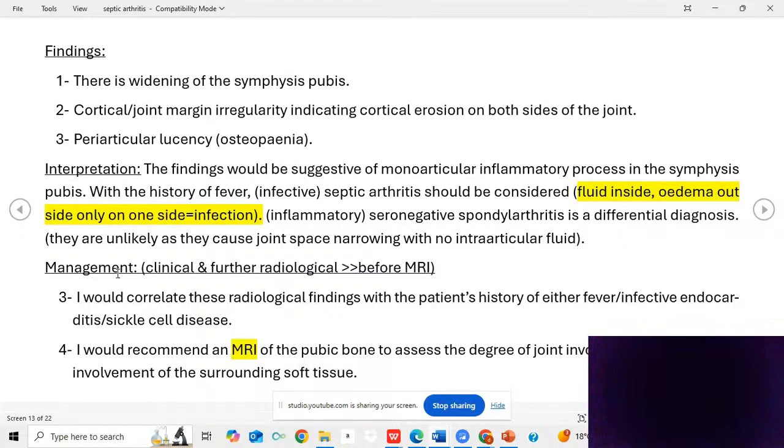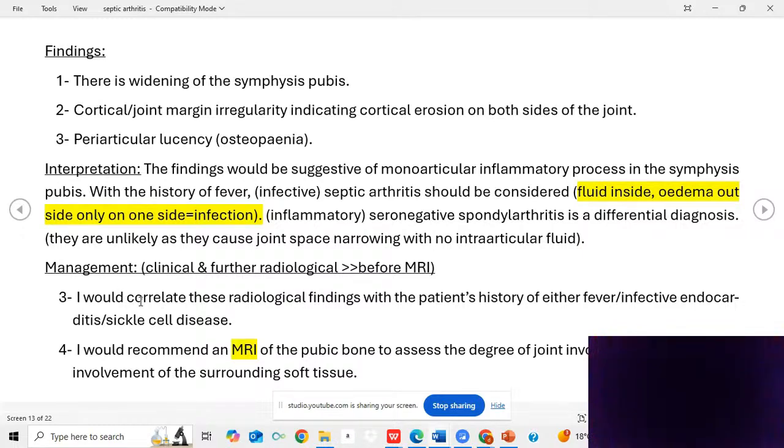The management here at this stage before MRI should include clinical and further radiological assessment.